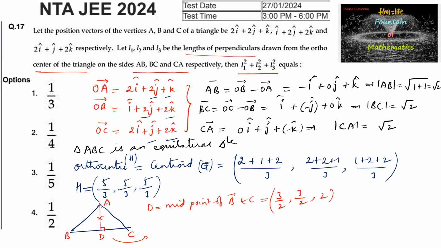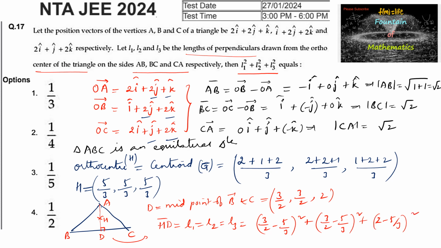And the centroid orthocenter H to D, that is length L1. Since it is an equilateral triangle, all lengths will be the same. So we can define the distance between these 2 points H and D, that is the square root of (3 upon 2 minus 5 by 3) whole square, plus again (3 upon 2 minus 5 by 3) whole square, plus (2 minus 5 upon 3) whole square.